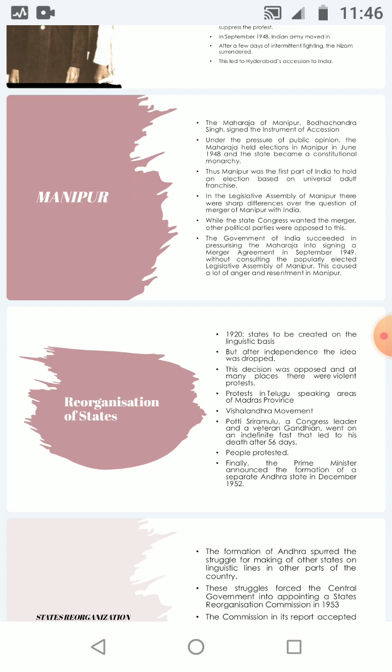Elections were held in 1948, and it became the first state to hold an election based on universal adult franchise. However, Congress wanted to merge it in India, and the government of India succeeded in forcing Maharaja Bodhi Chandra Singh to sign a merger agreement in September 1949.